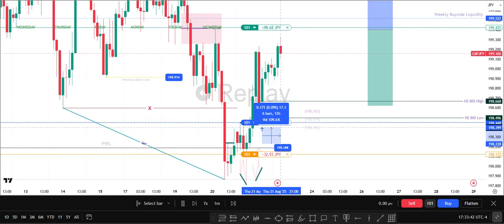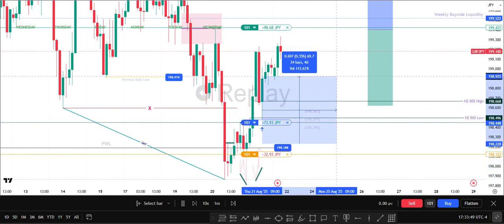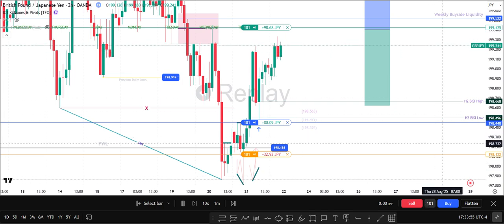See, that is already 12 hours. So you've been holding it for 12 hours. Let me just fasten it a little bit because TradingView has a limited.